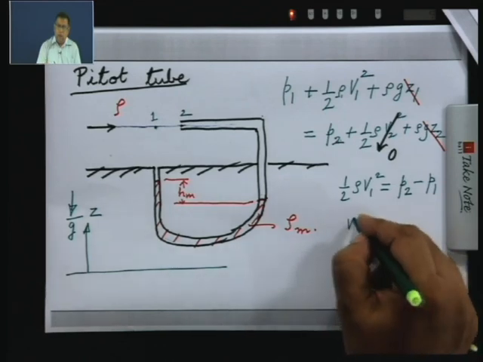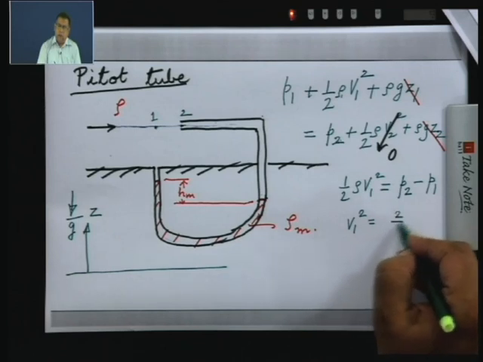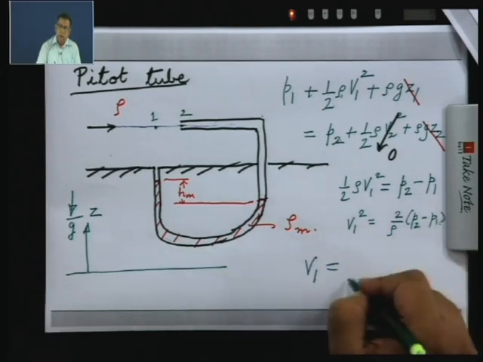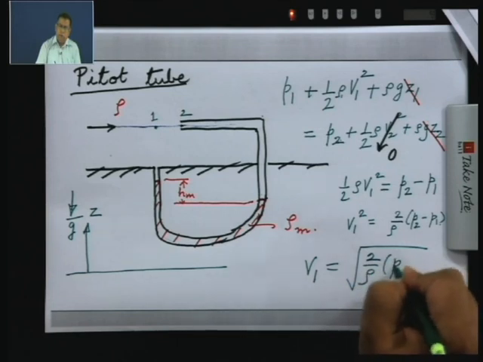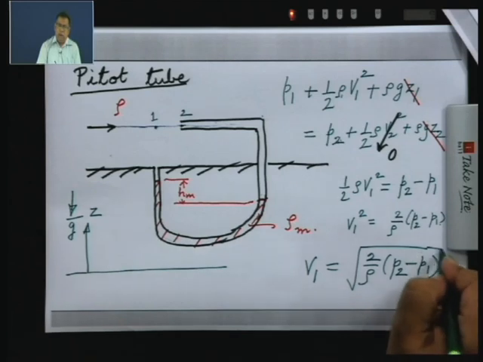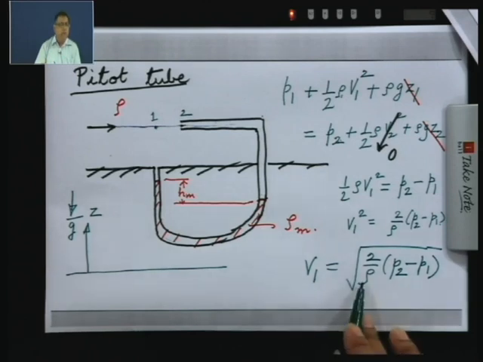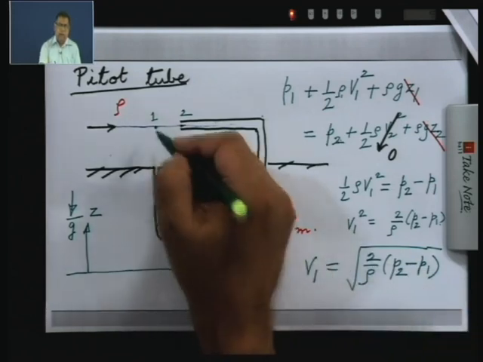So, V1 squared will be 2 upon rho times (P2 minus P1). So, the velocity V1 is the square root of 2 by rho times (P2 minus P1). So, if you can find this difference P2 minus P1 using this manometer, and if you know the density of the fluid which is flowing over the wall, you can find the velocity at this particular point.